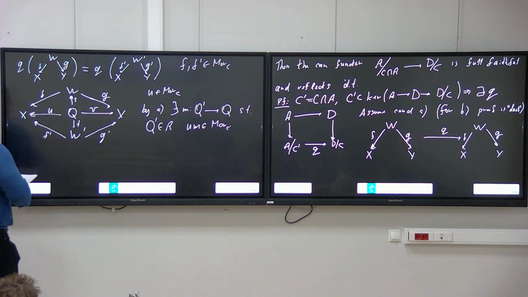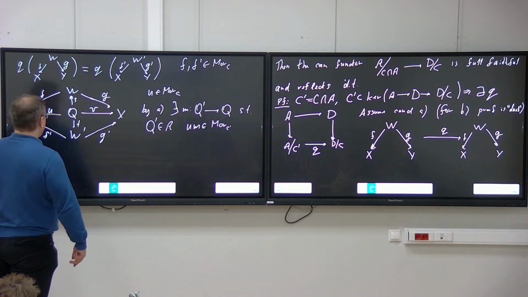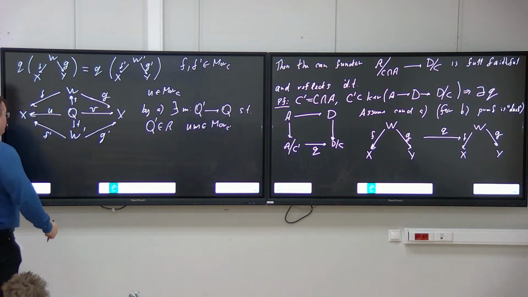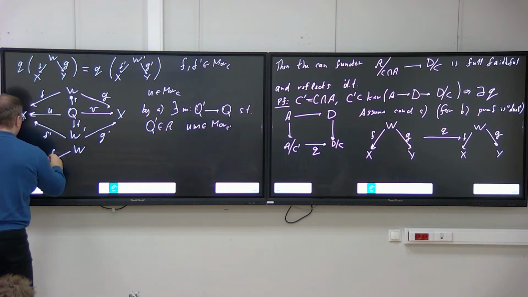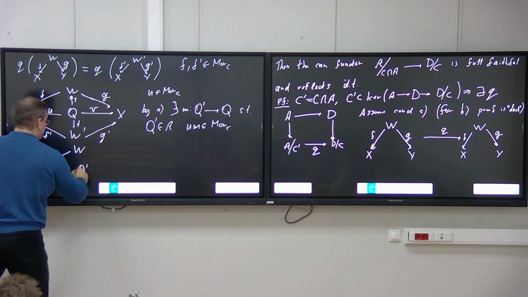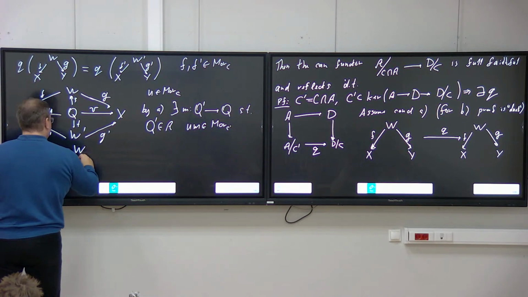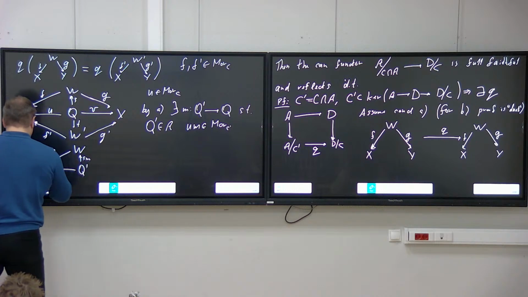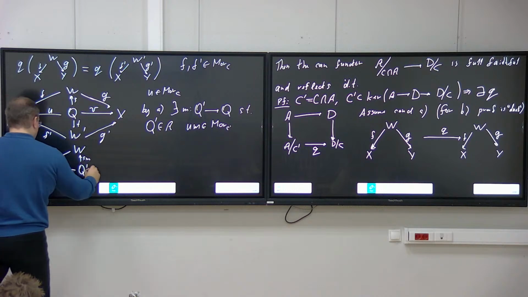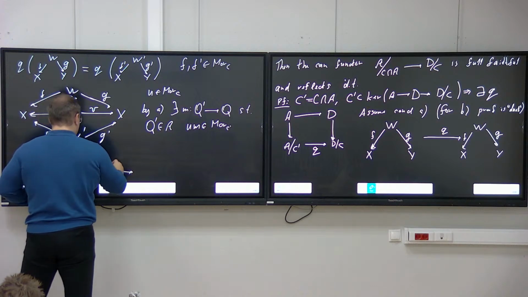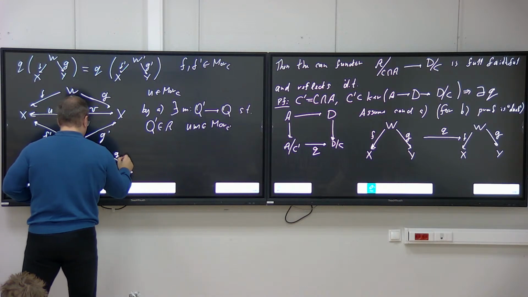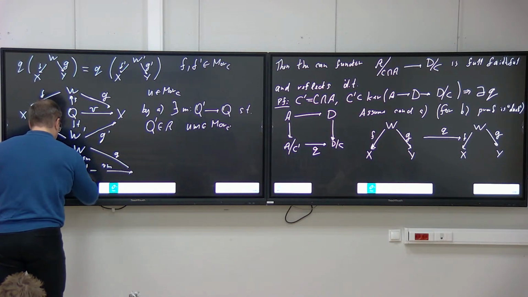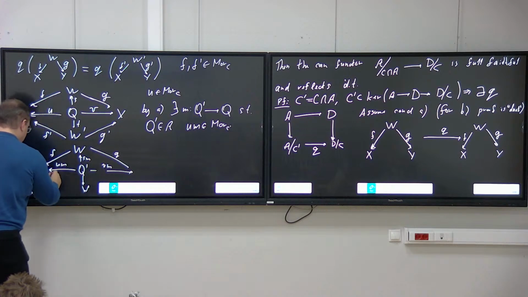But then I can take the same equivalence diagram, but pre-compose everything with the map M and replace this Q in the middle by the Q prime. So let me just draw another copy. Now in the middle I have this Q prime, and the maps are composition of the S and M, composition of the U and M. So then here we have composition of the V and M. So this is G prime.